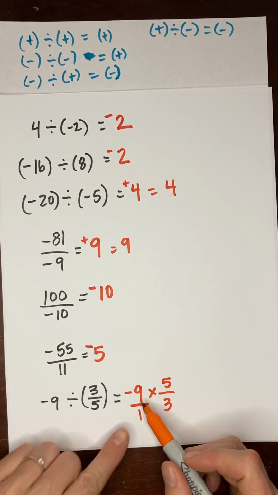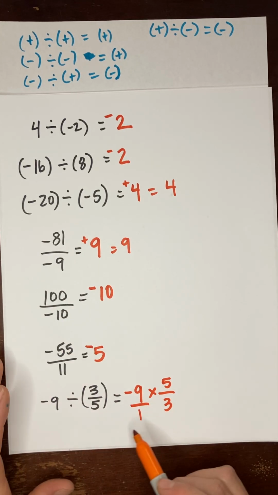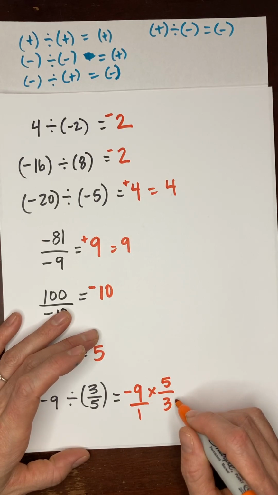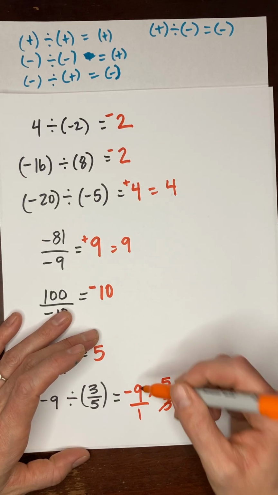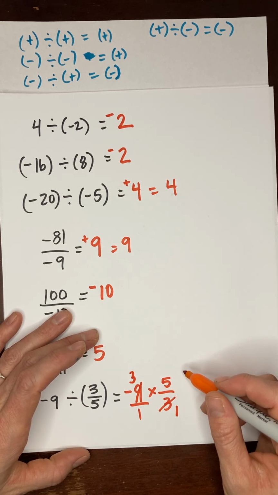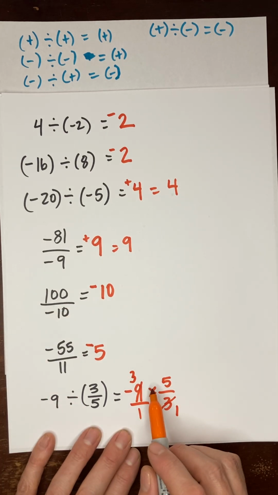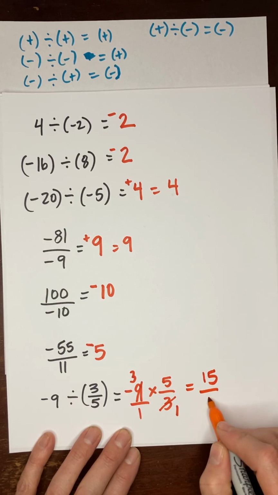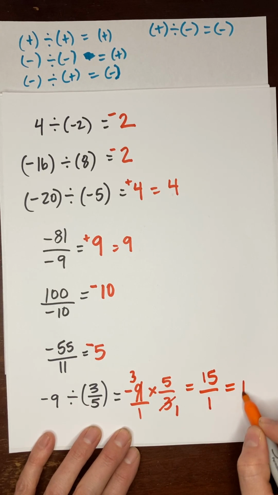For the moment, I'm not going to worry about my minus sign. I'm going to deal with that later. I'm going to look to cross cancel. 3 and 9 I can divide by 3. So 3 divided by 3 is 1. 9 divided by 3 is 3. 5 and 1 can't cross cancel, so I'm going to multiply across. 3 times 5 is 15, and 1 times 1 is 1, which is just 15.